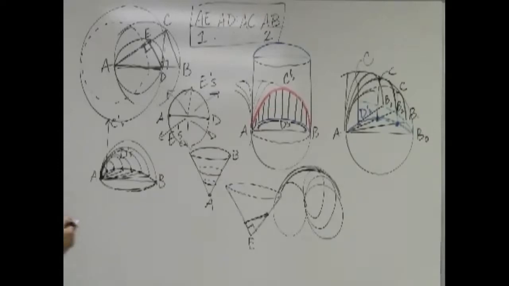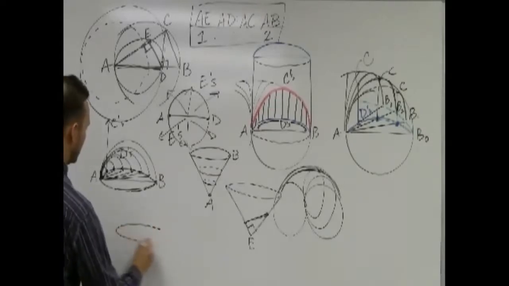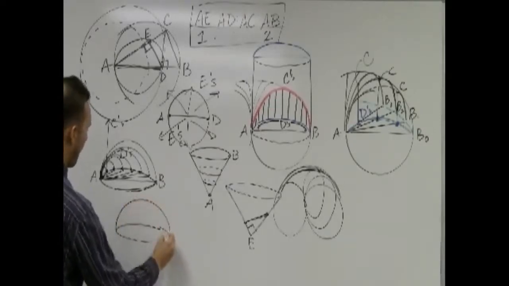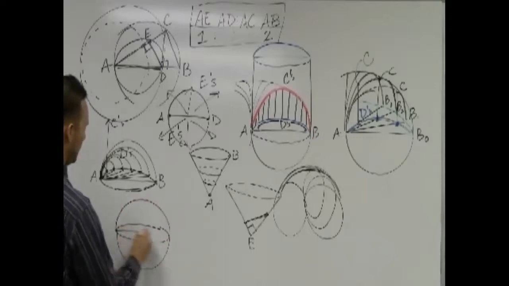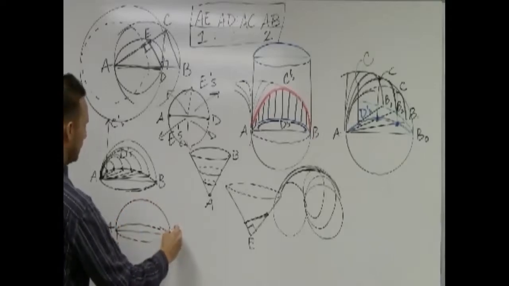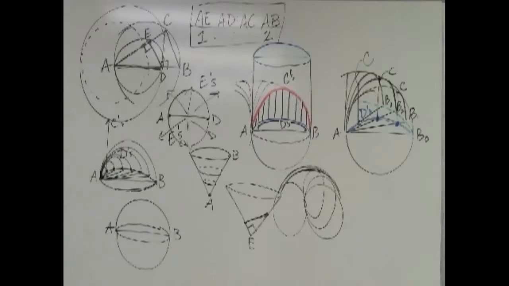So now if we take the skeletal structure of that, what are we starting to look at? What does that seem to be? A sphere. Yeah, it seems to be a sphere, doesn't it?